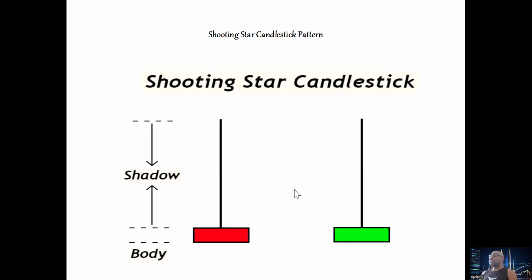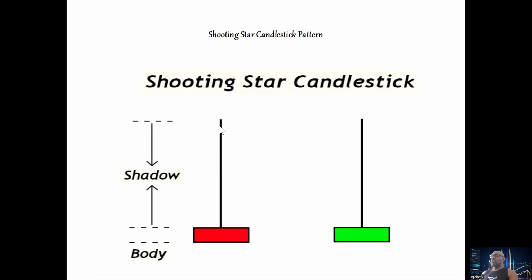So for it to be valid, because you see so many within the chart, it has to appear at a resistance level. Once you see something like this at a resistance level, you just know that there are sellers in the market. So if you have been buying, take your profit and reposition for a sell.